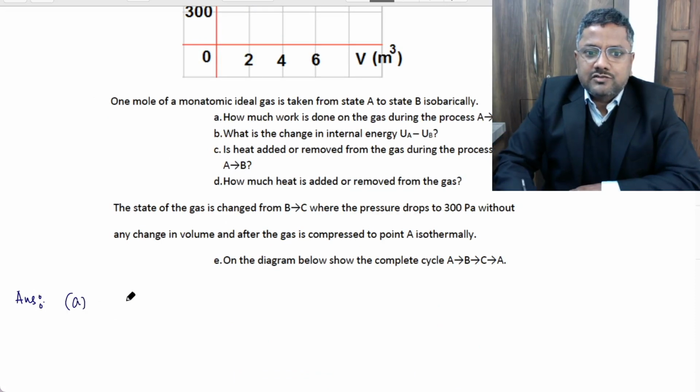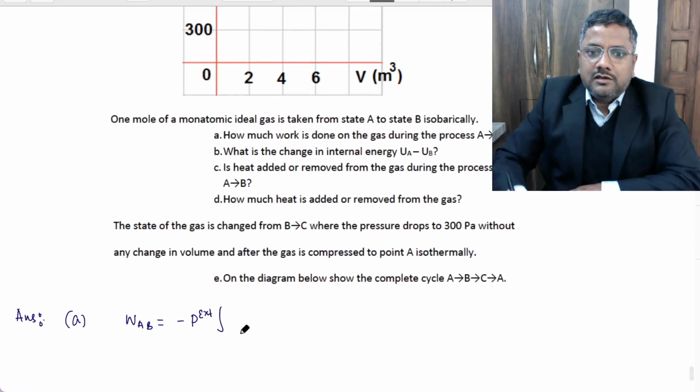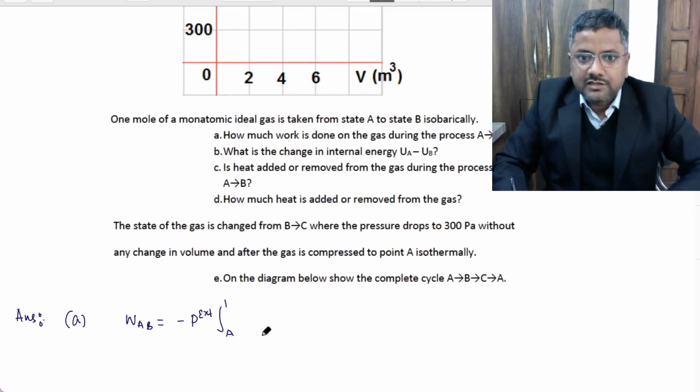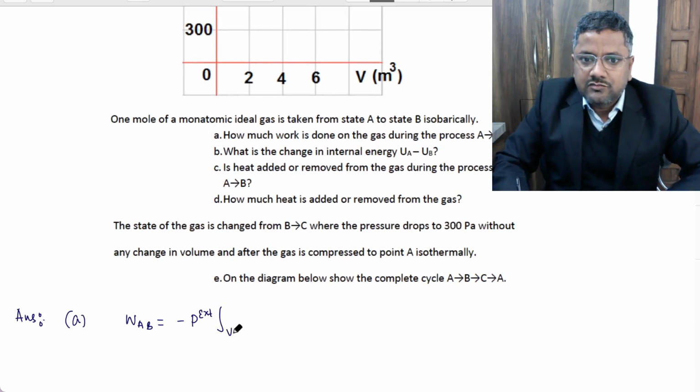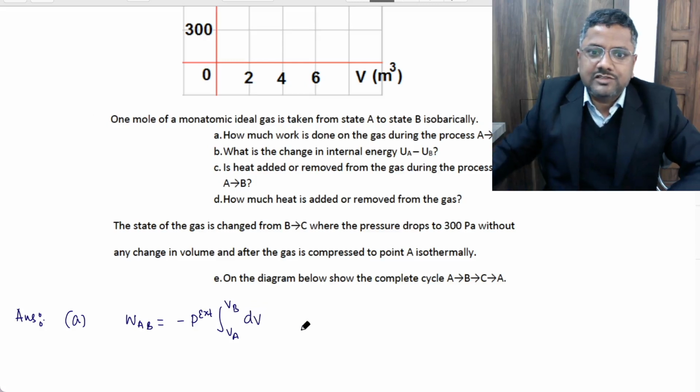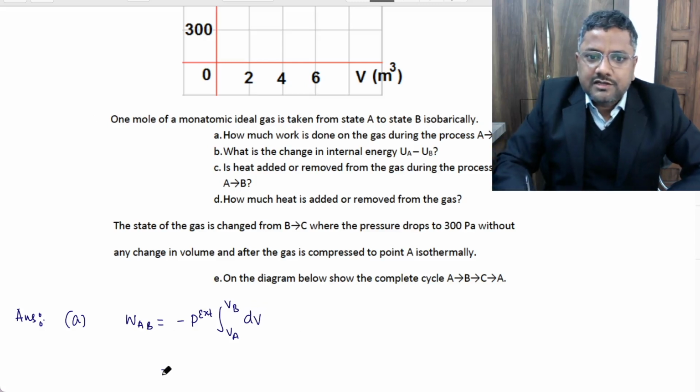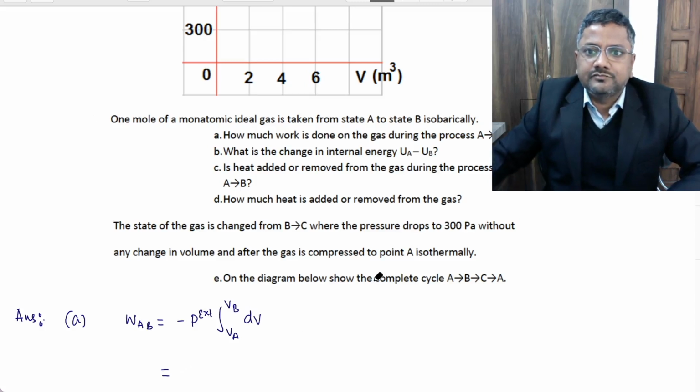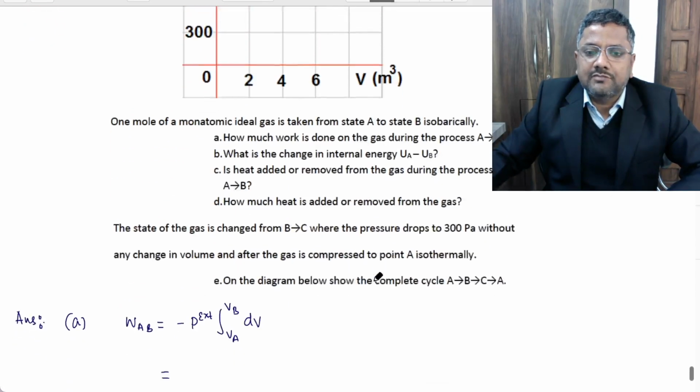A part. So, W_AB is equal to minus P external integral from VA to VB dV, right? So P external here is given 900 Pascal.